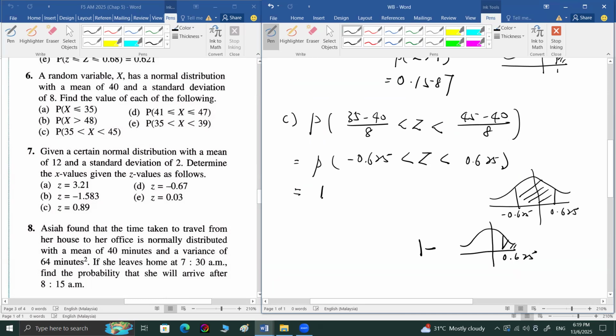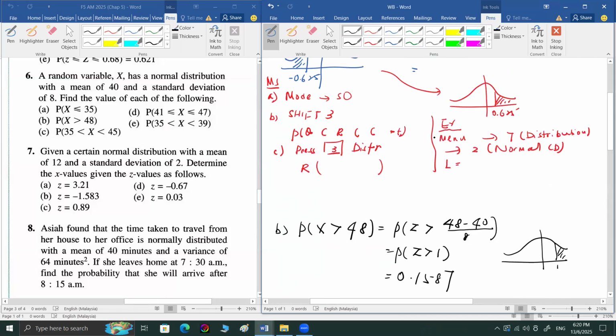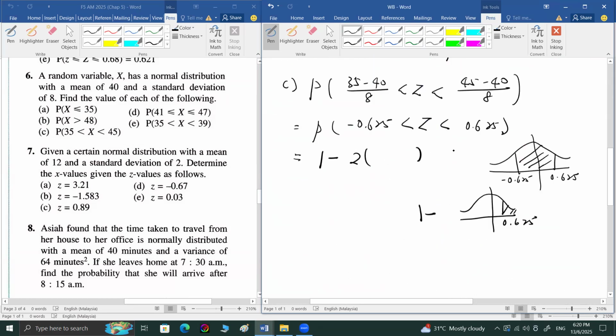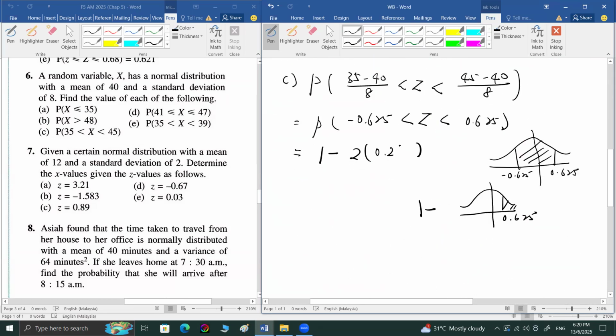So from your calculator you get 1 minus 2 times the area. Check the first one just now, 0.266. So you got 0.468.